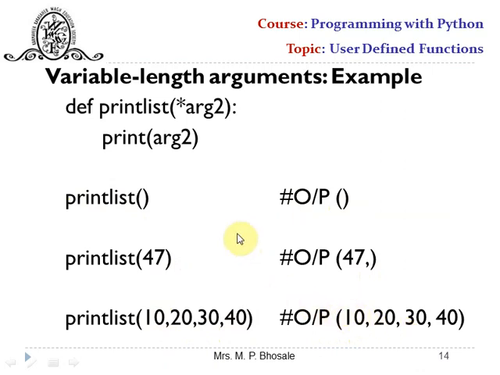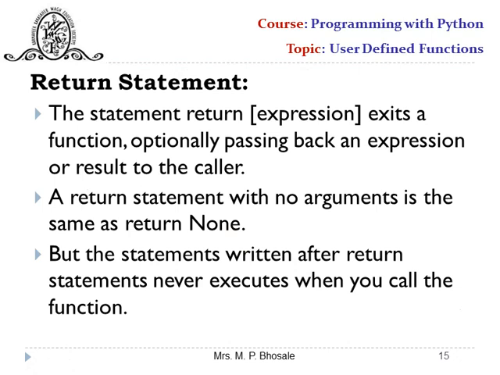So we have seen how to write user defined functions and how to call those functions by using various methods till this slide. The last part of this is what is the purpose of the return statement. Unlike other programming languages, Python does not make the return statement compulsory.